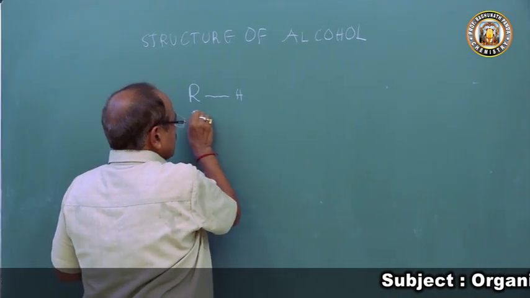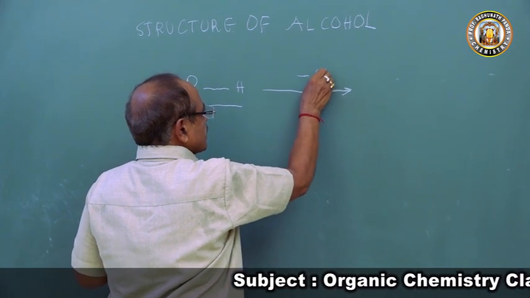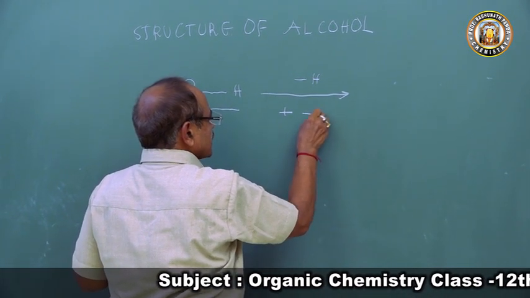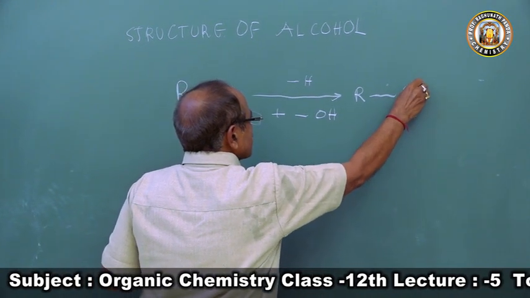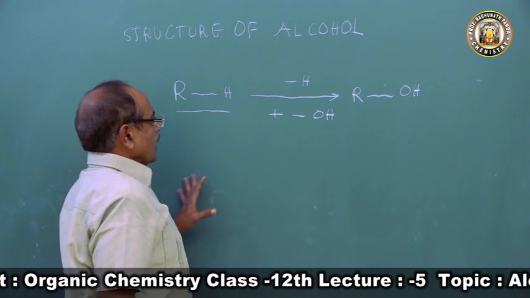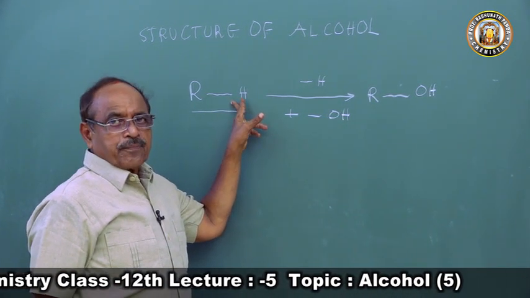RH is the alkane. From RH we remove H, or substitute H by the functional group, and we get ROH. So alcohol is a hydroxy derivative of alkane.